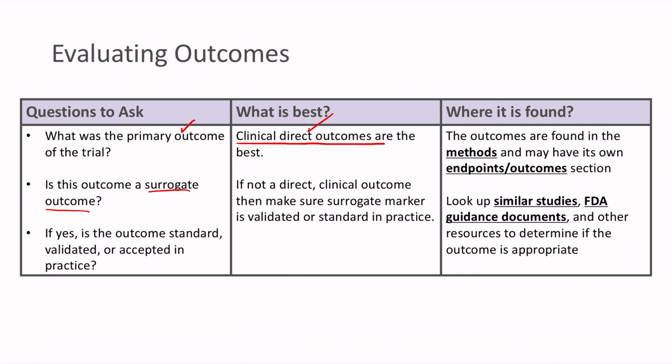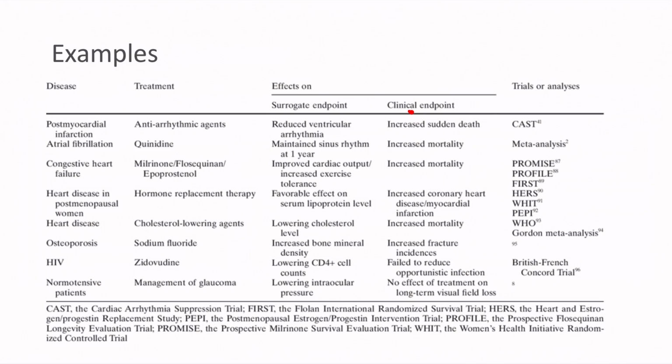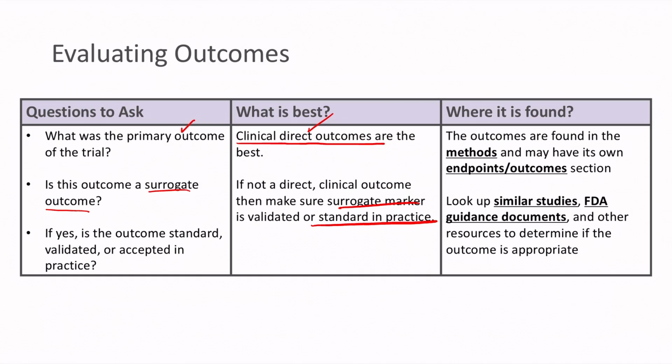If it is a surrogate outcome, you do want to make sure that the surrogate marker is validated or a standard in practice. One thing I didn't mention in the previous slide: these are all examples of trials where they used a surrogate outcome and assumed that it's related to the clinical endpoint, but later on it was found out that they weren't directly related. So for that reason, you do want to make sure that if it is a surrogate outcome, that it is valid or standard in practice.